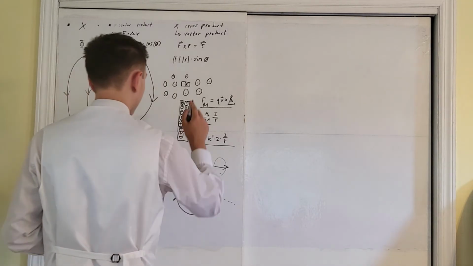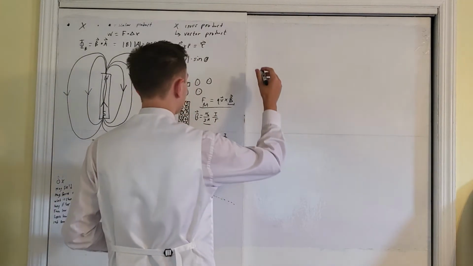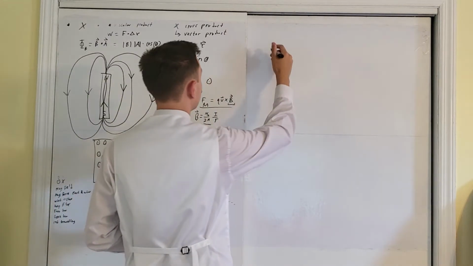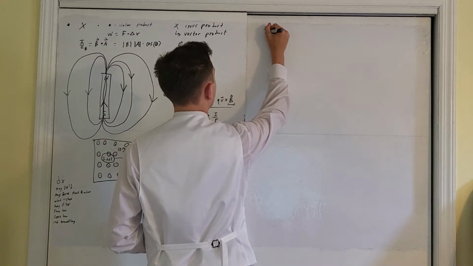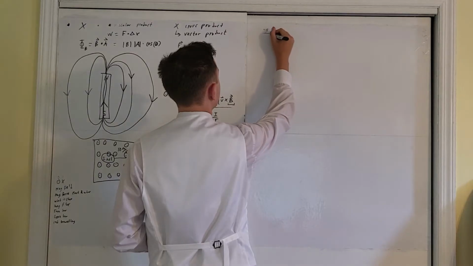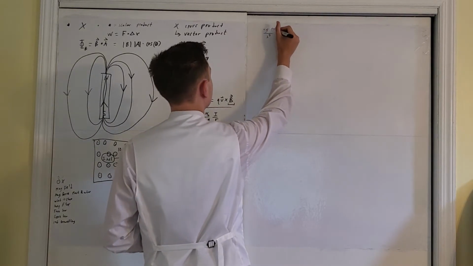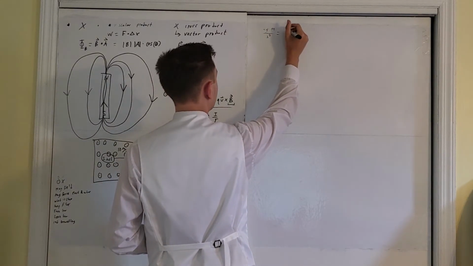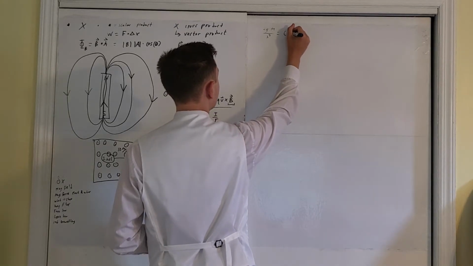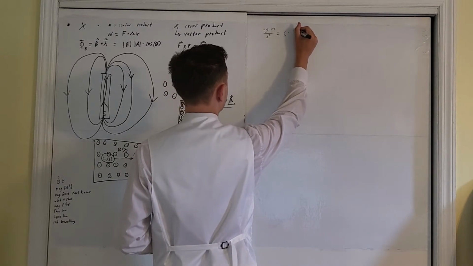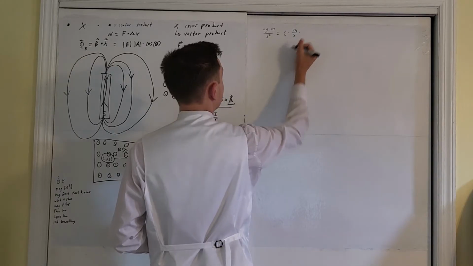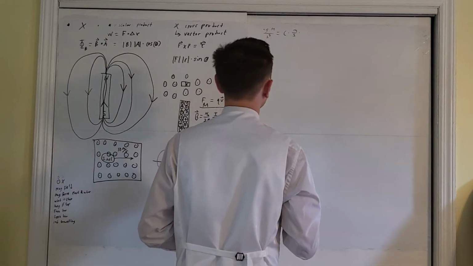Okay, force is a unit of newtons, and the units are kilogram meters per second squared, equals charge, Q, which is units of coulombs, times units of velocity, meters per second, times units of the B field, okay?